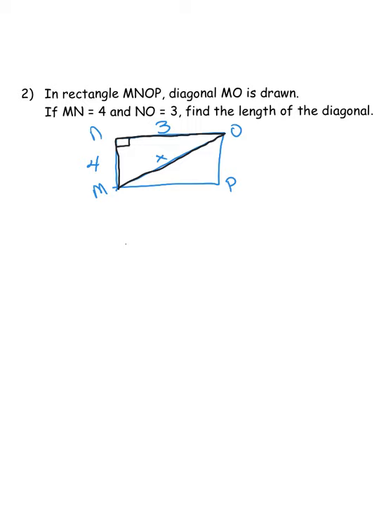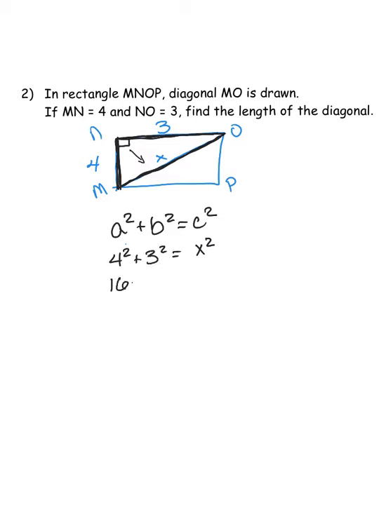So if we think back to what we know about right triangles, because I, again, have a right triangle here because of the diagonal, we remember, hopefully, the Pythagorean theorem. So in order to find the diagonal, which is opposite the right angle, the hypotenuse, we're going to call that x. It does not matter which one you call 4 and which one you call 3.